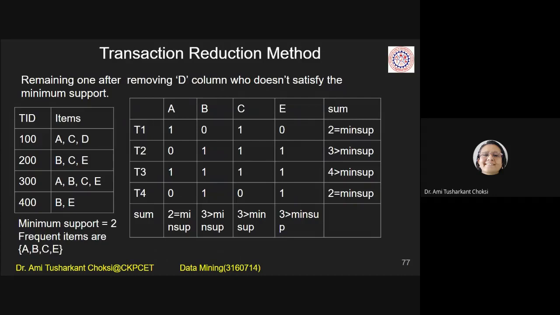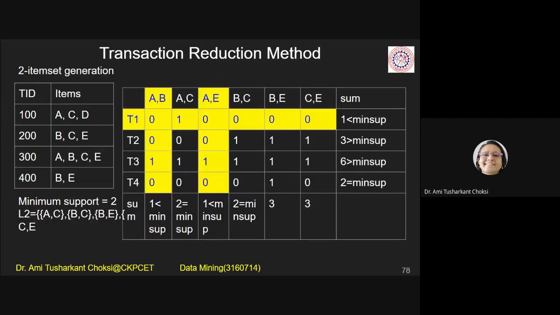A, B, C, E. So for two-item set generation, what items can we consider? They are the combinations of these 4, that is A, B, C and E, isn't it? So which combinations can we make? Let's see. AB, AC, AE, BC, BE, CE, right?